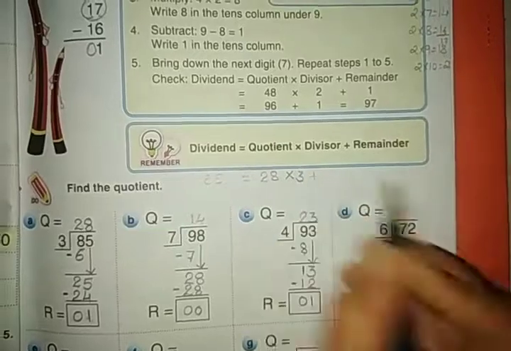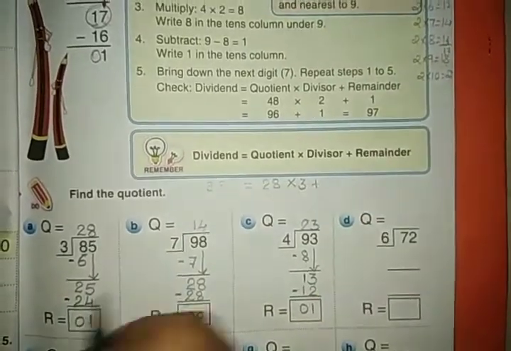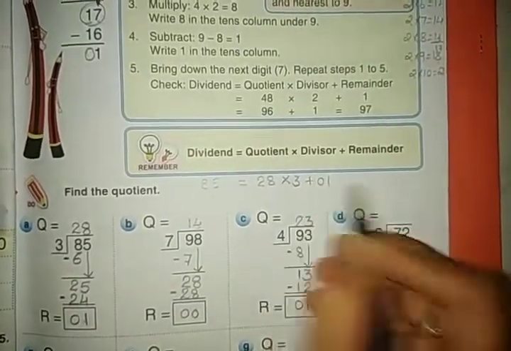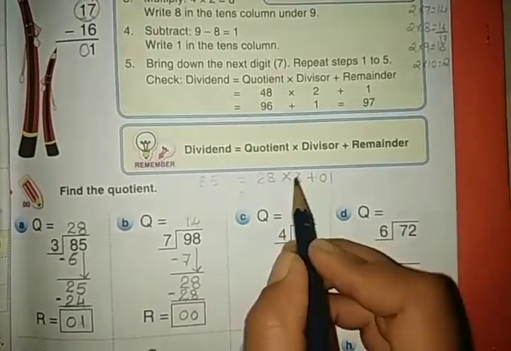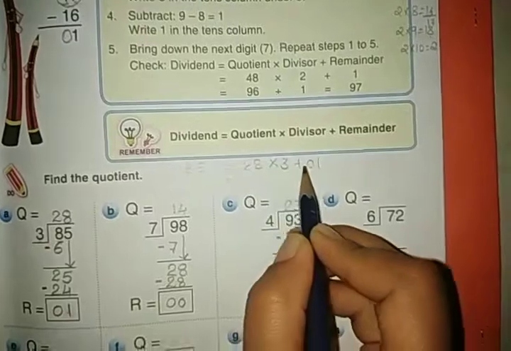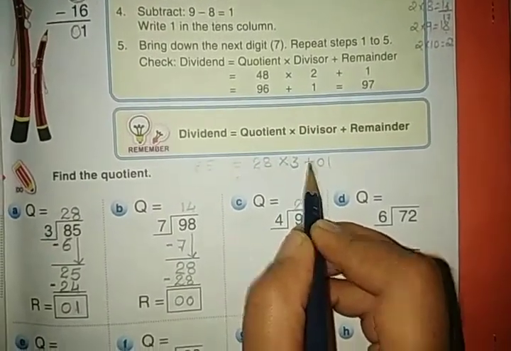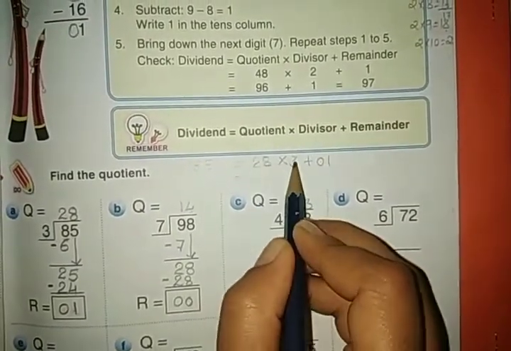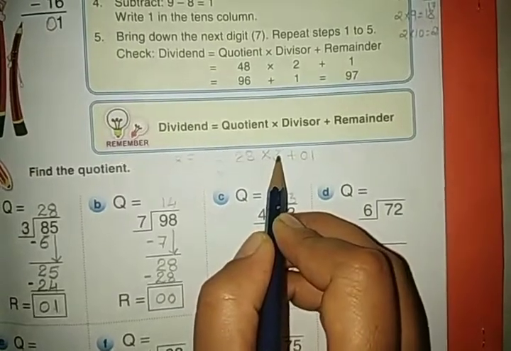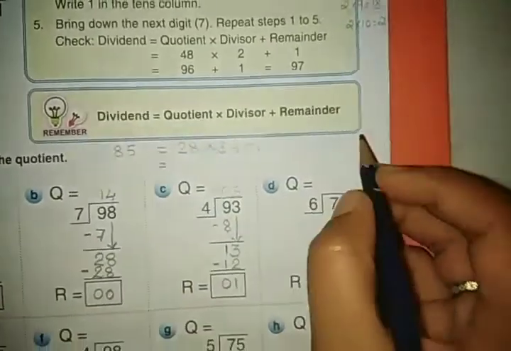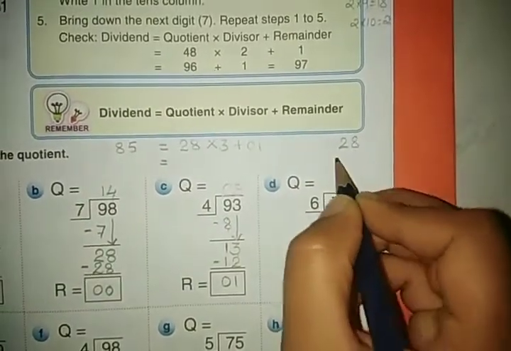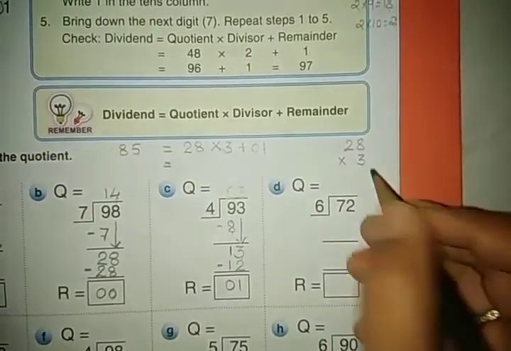Then plus sign, then the remainder. Remainder is 1. Then see the signs here. Here multiplication sign is there and here addition sign is there. Multiply these two numbers first. 28 multiplied by 3 we have to do. How will we multiply, children?